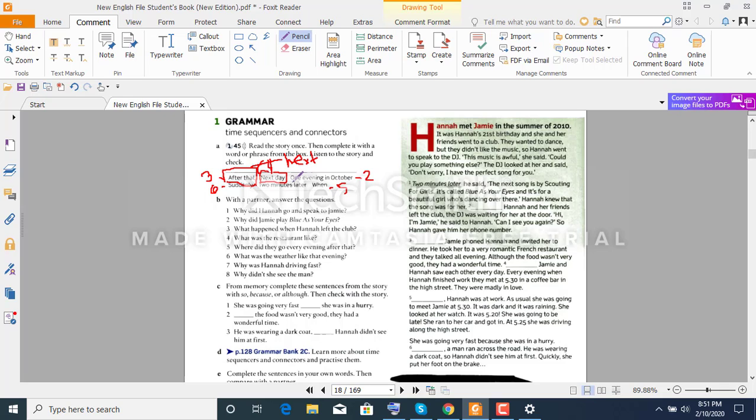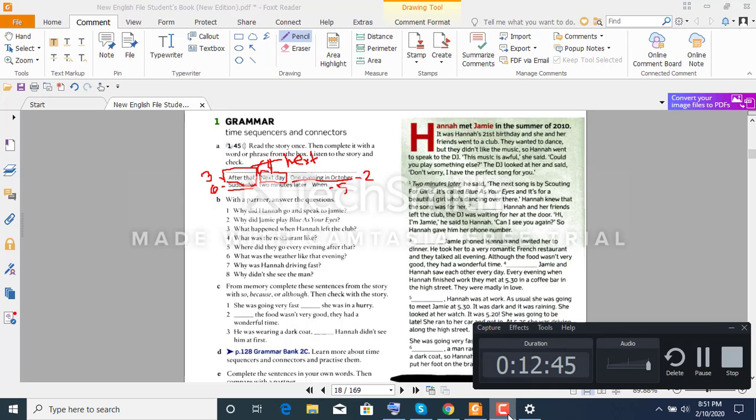And the use of a date, one evening in October. Suddenly means... So we use suddenly. When do we use suddenly?